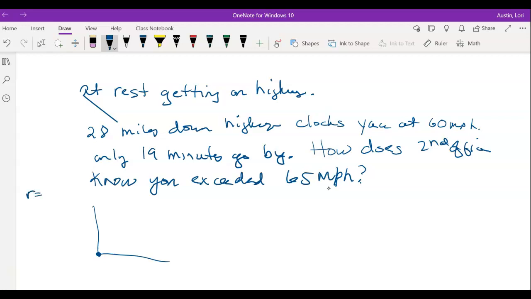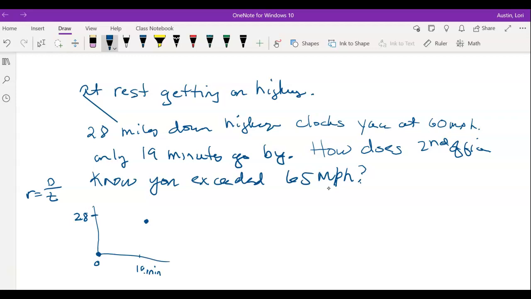If distance equals rate times time, then rate equals distance divided by time, correct? So at time 0, you've gone 0 distance. And then at 19 minutes, how far did you travel? 28.